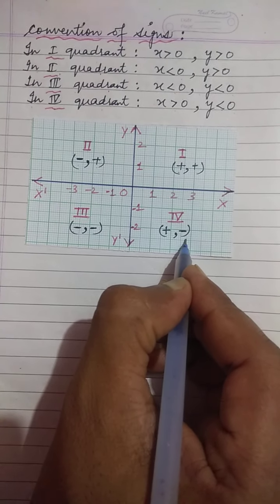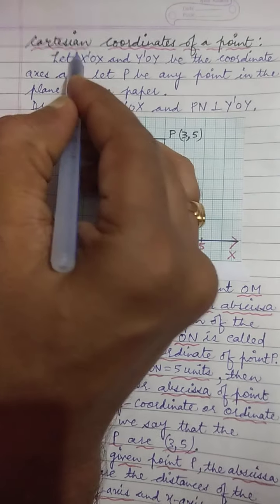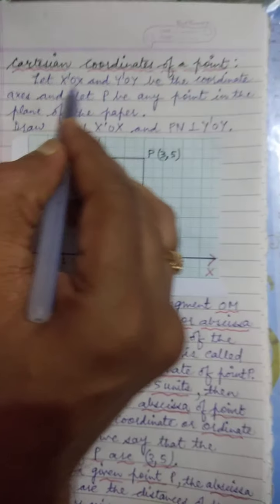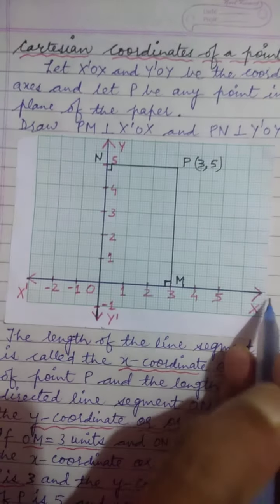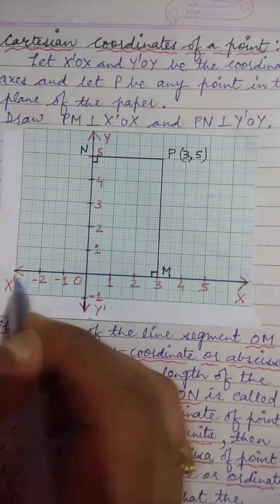Now, if we want to see the position of a point in the Cartesian plane, we will learn about the Cartesian coordinates of a point. Let X'OX and Y'OY be the coordinate axes. You can see these are the coordinate axes.